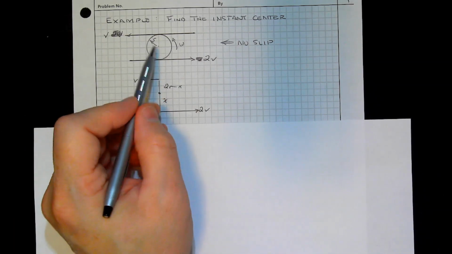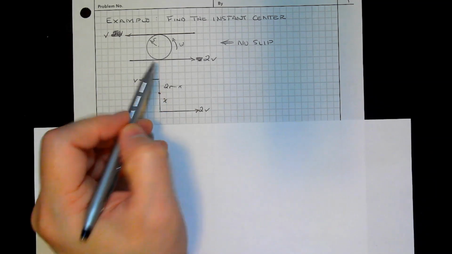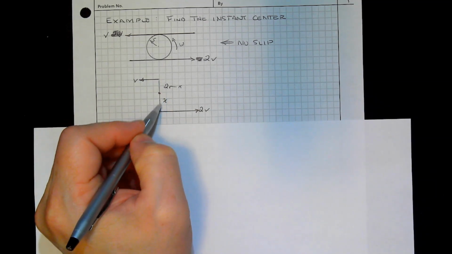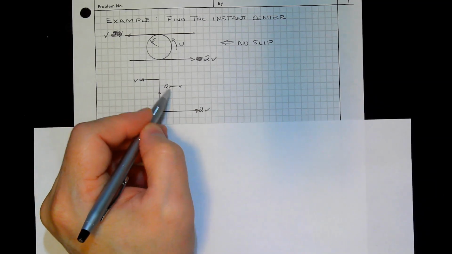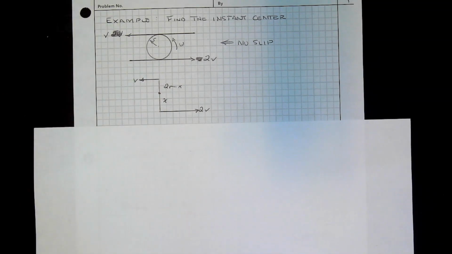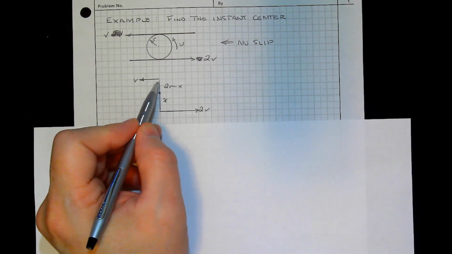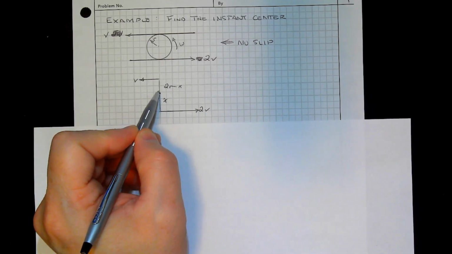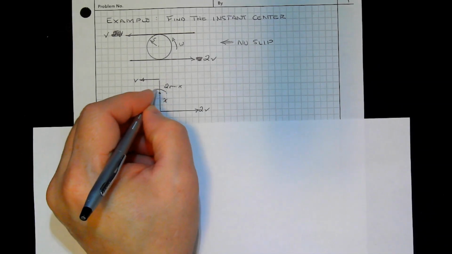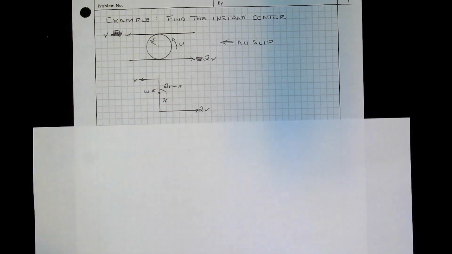I know this distance here is 2r, so I'll call the distance to the one center x, and the other one 2r minus x. That's just straight algebra. So then what can we say? This velocity divided by this radius, if we take it to the center, is where the omega would be based.